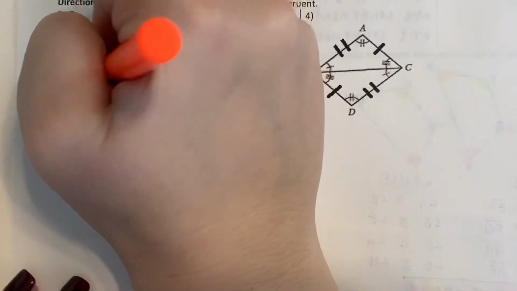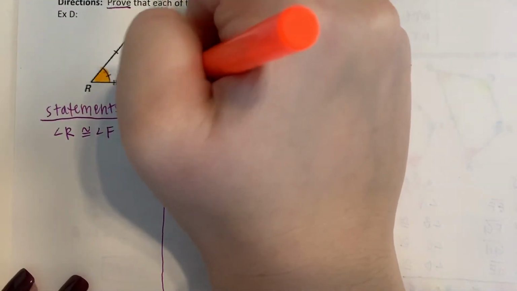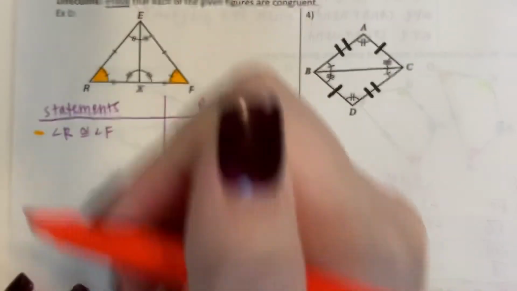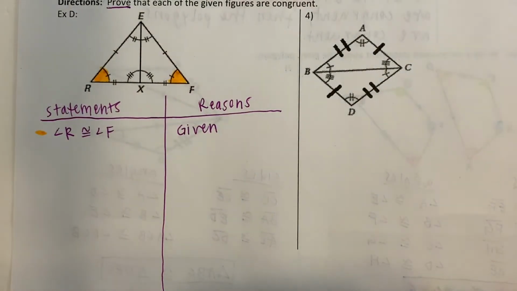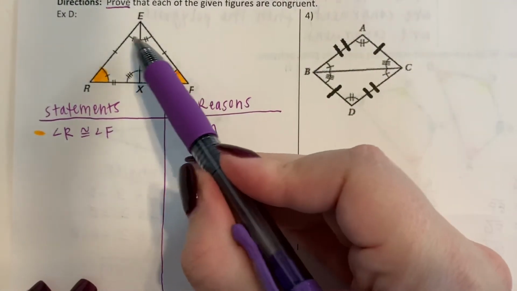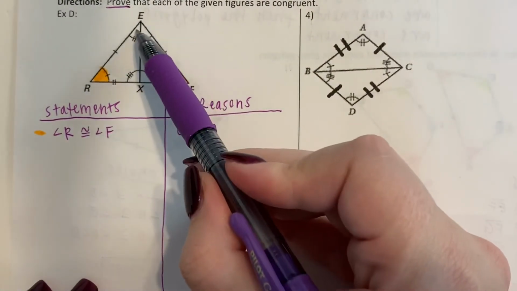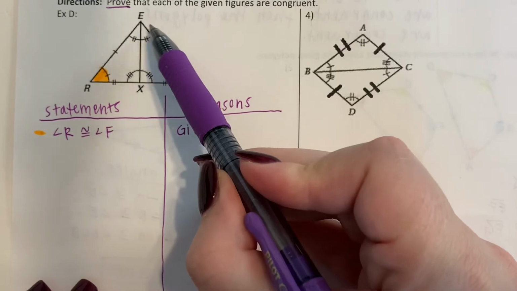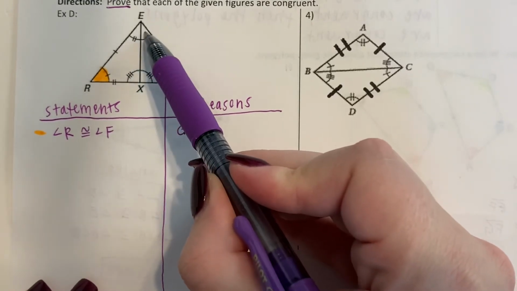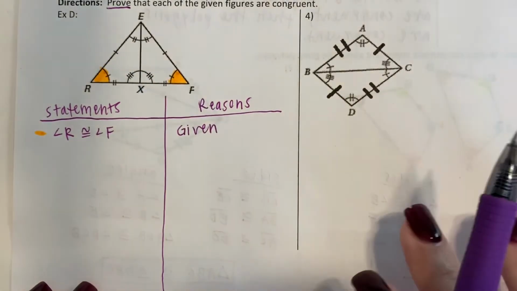So I just did these 2 angles with 1 tick mark each. Right here, angle R is congruent to angle F. Now we could do our angles with 2 tick marks each, and we see that they're both angle E, but we cannot say angle E is congruent to angle E. We're going to have to use 3 letters.